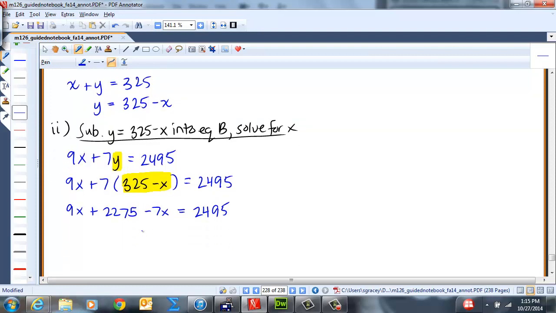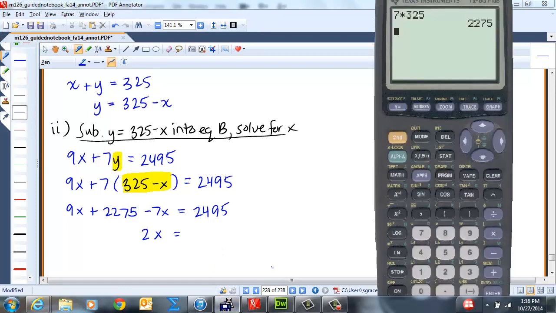So 9x minus 7x is 2x, and when I subtract 2275 from both sides, I will get, again, I don't trust myself today, so I'm going to subtract 2275. Oh, that's what I did on the first one. See, I told you, I'm just all ready to make up my own math. 2495 minus 2275.